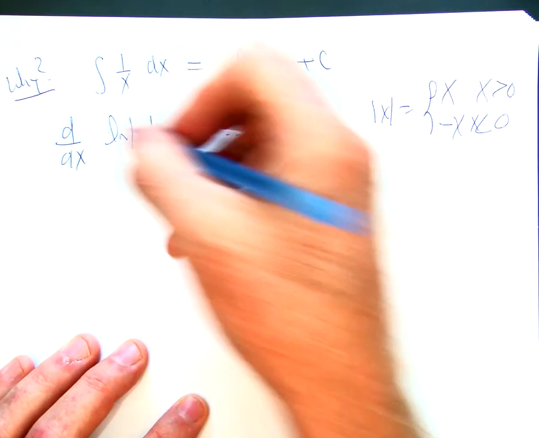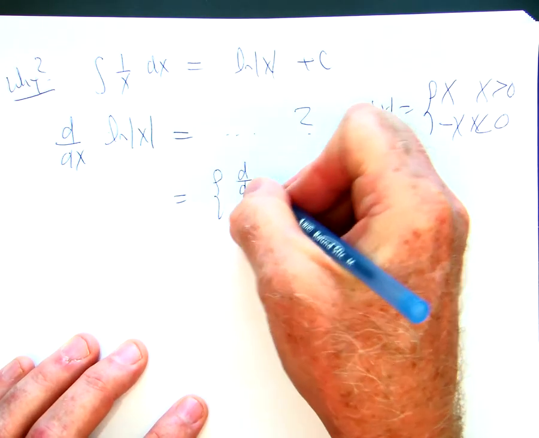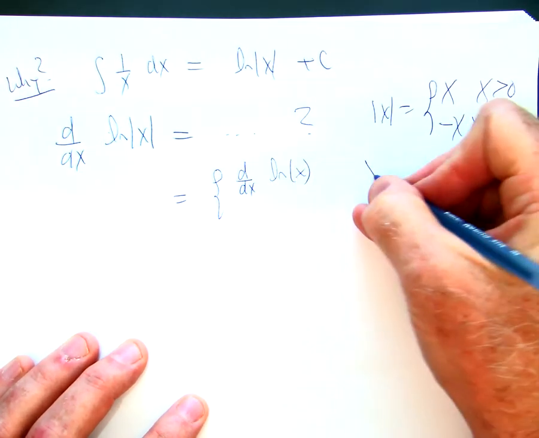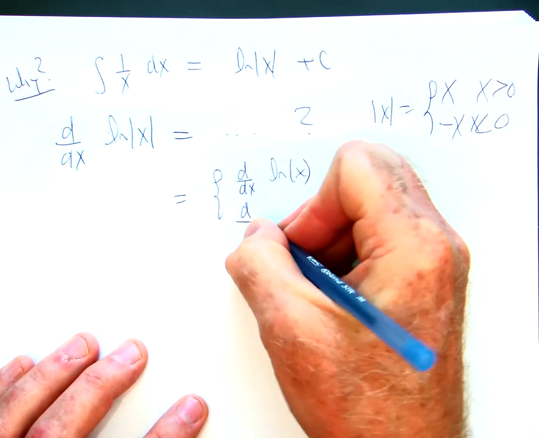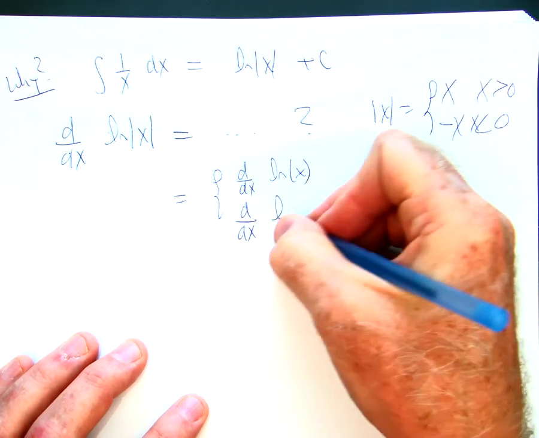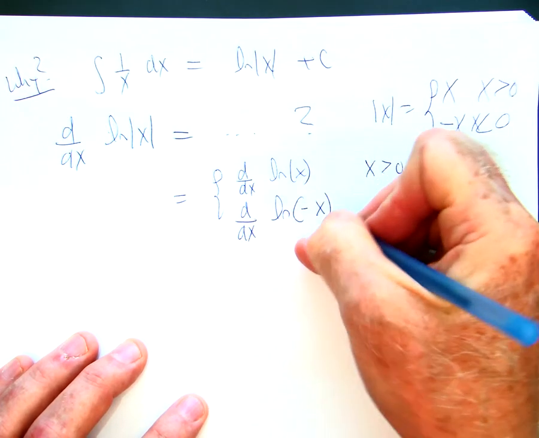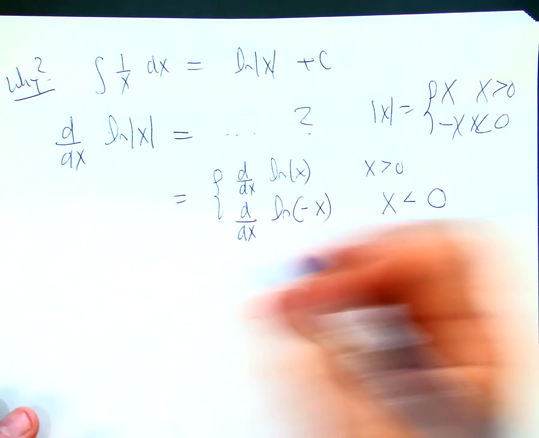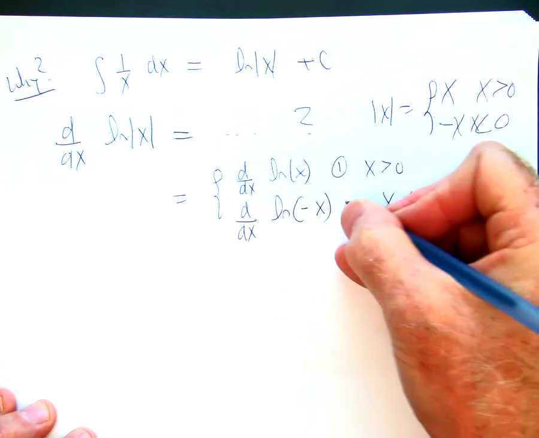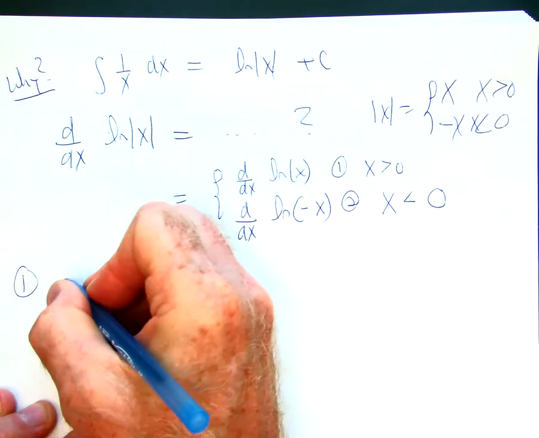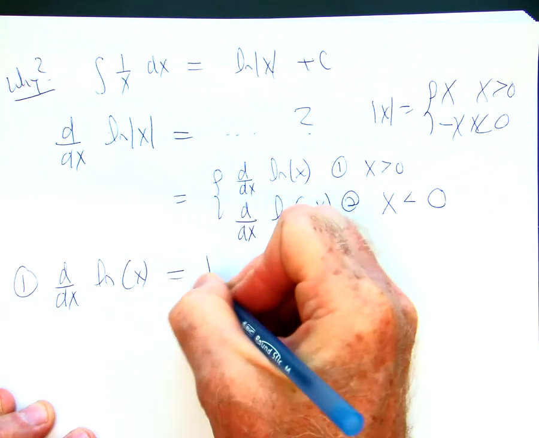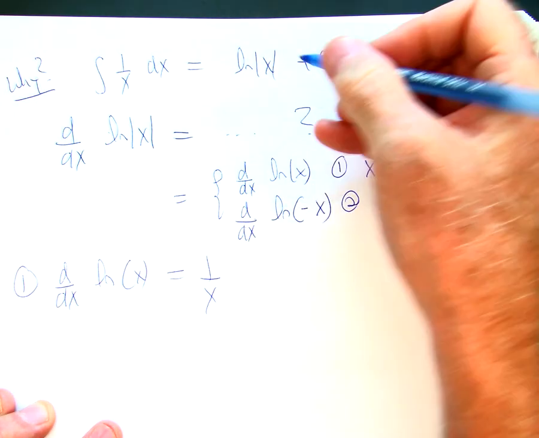So this derivative is going to be equal to the derivative of the natural log of x without absolute value when x is positive, and it's going to be the derivative of the natural log of minus x when x is already negative. So we'll do each of these. So case 1, case 2. So in the first one, you know that one. The derivative of the natural log of x is 1 over x.